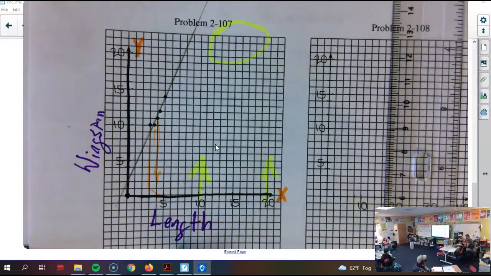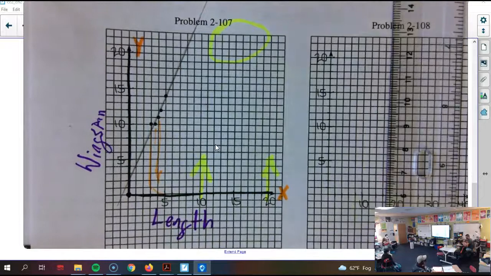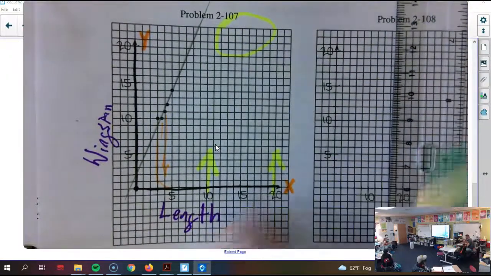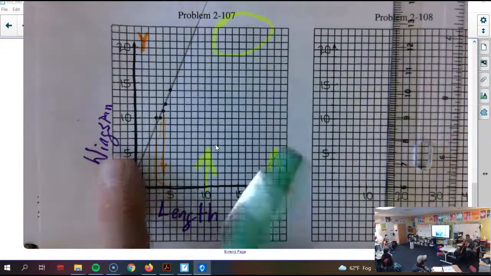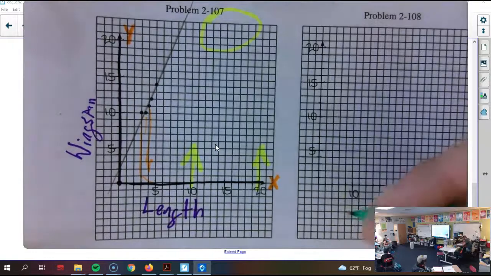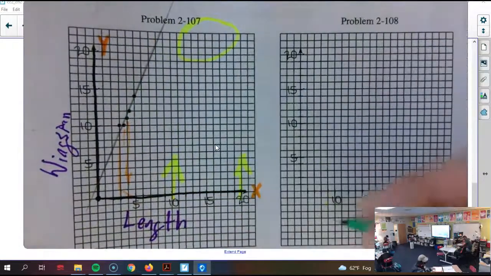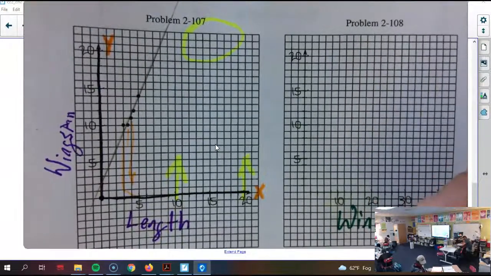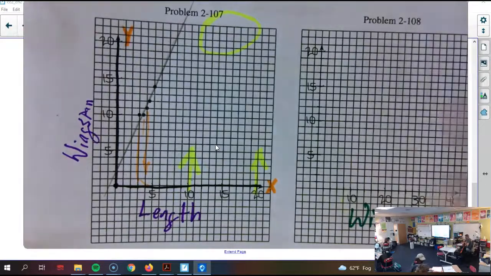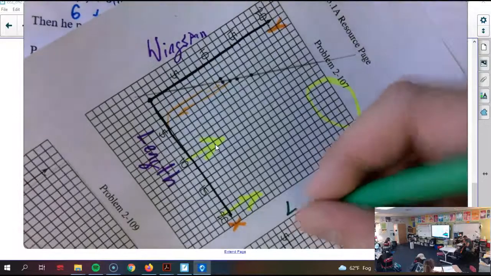If we make, and I don't know if this is exactly what you meant to say, but it is what you said, if we make the y-axis the length and put the wingspan on the x-axis, guys, right here in 108, let's switch it. Let's, instead of doing length, do wingspan down here. And let's do length over here.